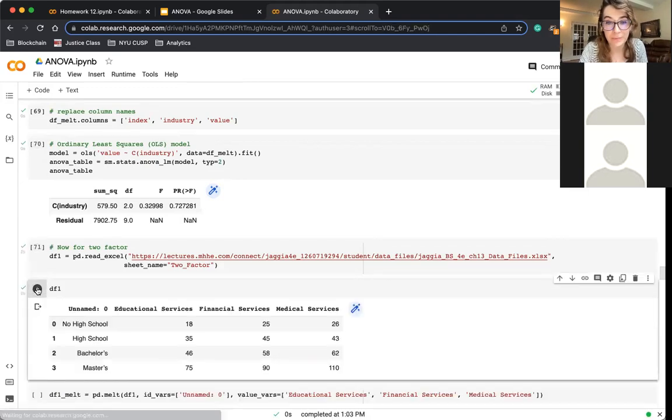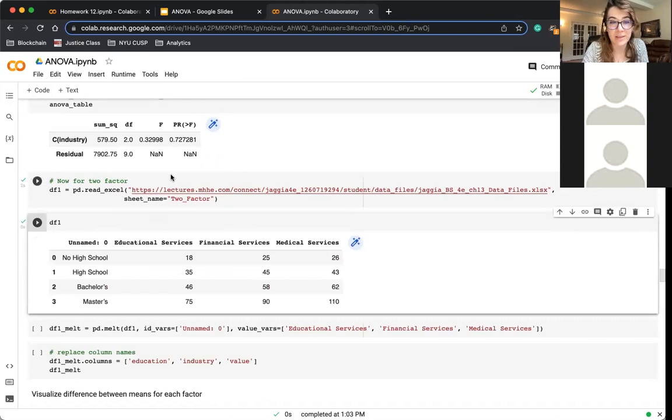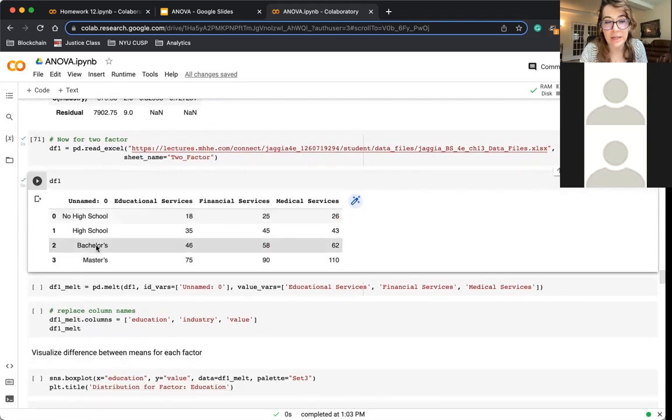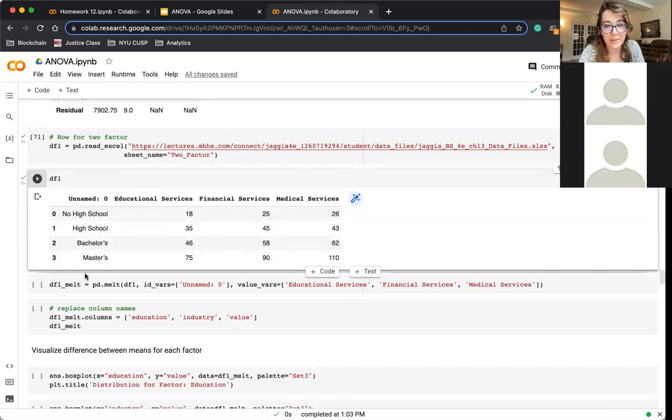So now this is another data frame that gives us the same 3 categories. But now your SME, or subject matter expert, says actually, it's more about how much experience this person has within the different fields that would really give a difference in their average salary. So this is now adding the second factor we're going to look at: their education of no high school, high school, bachelor's or master's degree.